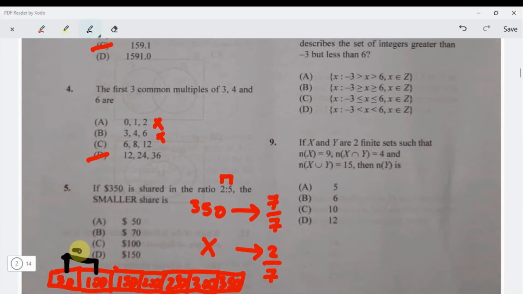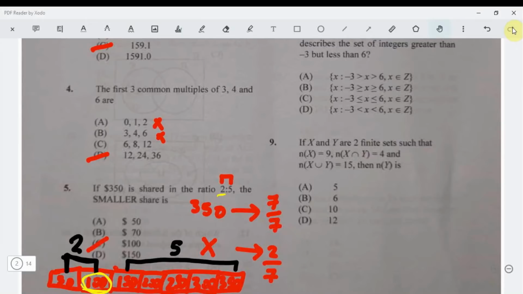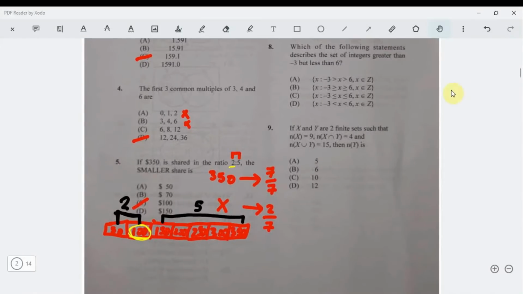This is the 2 and this is the 5 here. So the person that gets only 2 pieces in that ratio is going to be 50 plus 50, which is 100. The person that just gets 100, that's the smaller share. So that is 100. Alright, just to think outside of the box instead of doing regular computation, I just wanted you to see it a little bit differently.